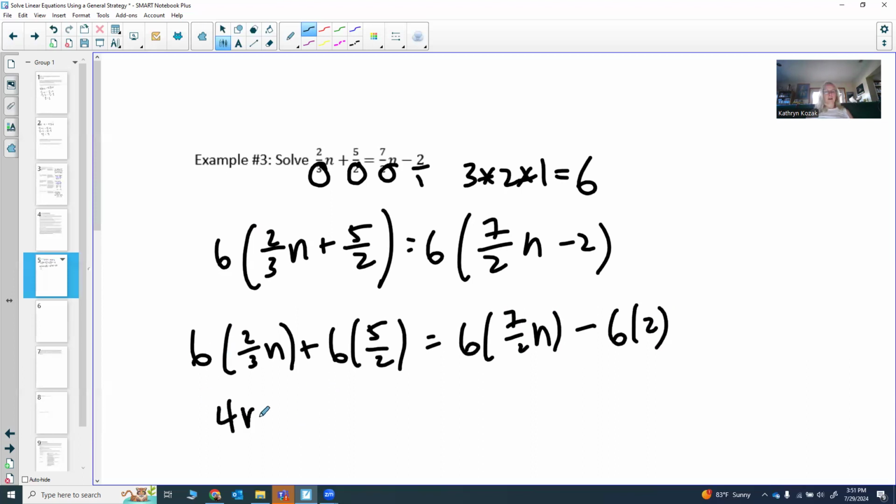So this is 4n plus 15 equals 21n minus 12.